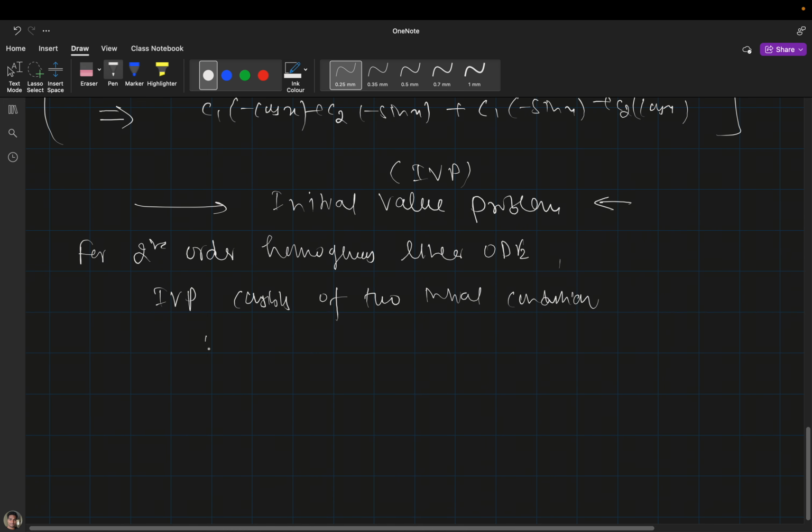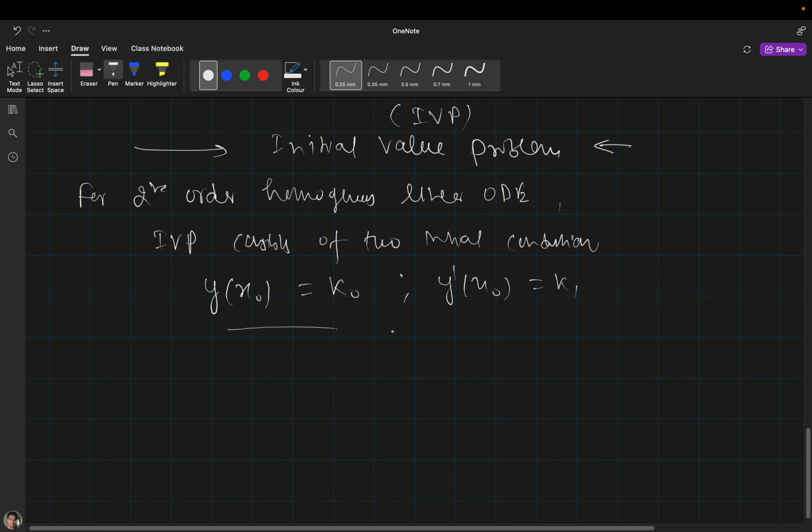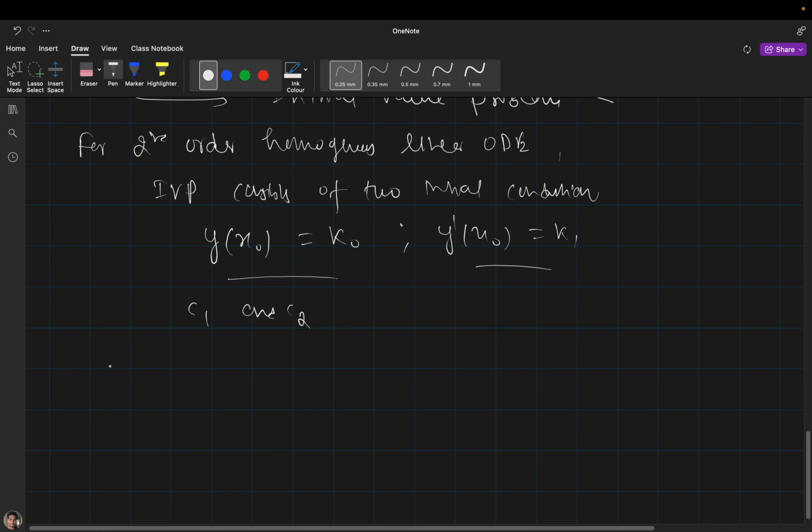And what are those? It says y(x naught) equal to k naught and y dash(x naught) equal to k1. And these initial values will actually help to determine two coefficients. And what are those? C1 and C2. From where?